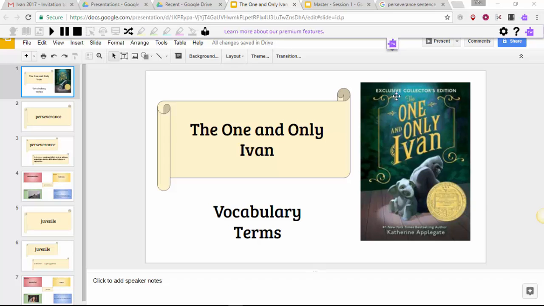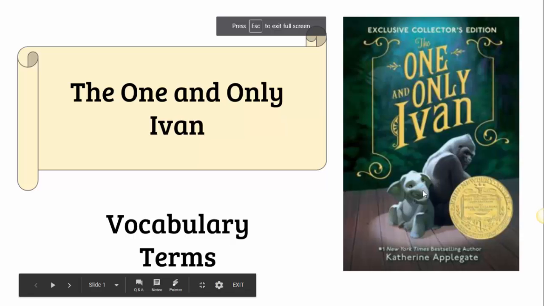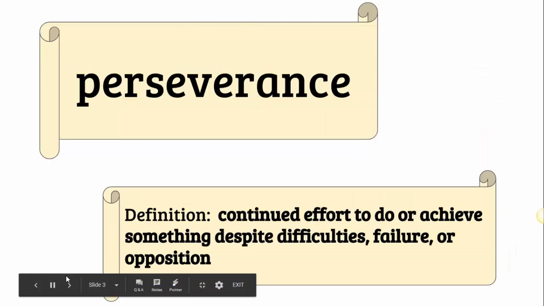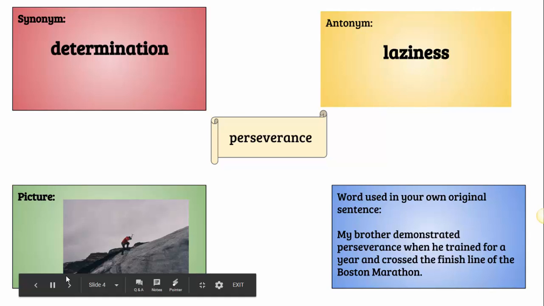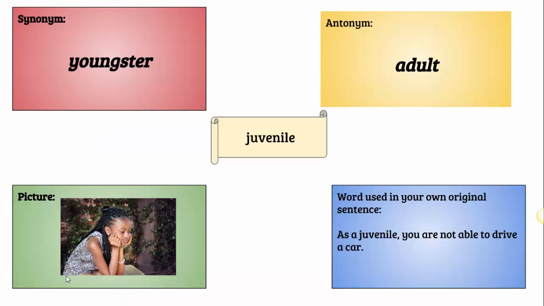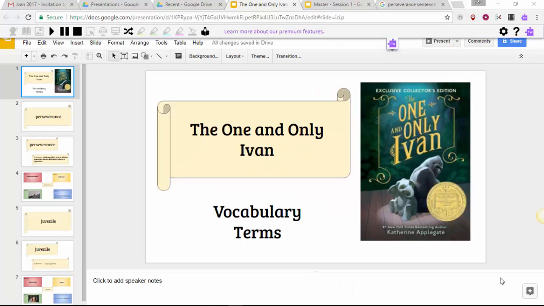Now I'm going to show you what this looks like when it's completed either by you or by a student. I'm going to click Present on the slideshow. I can also change the speed and the way that the slideshow plays.